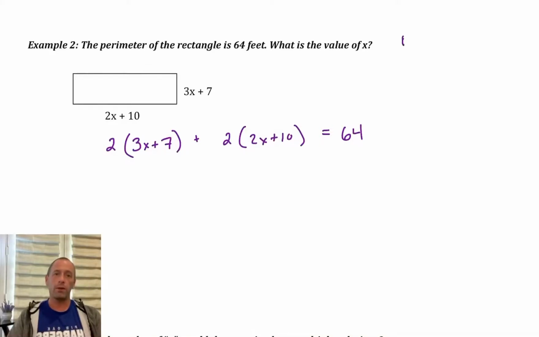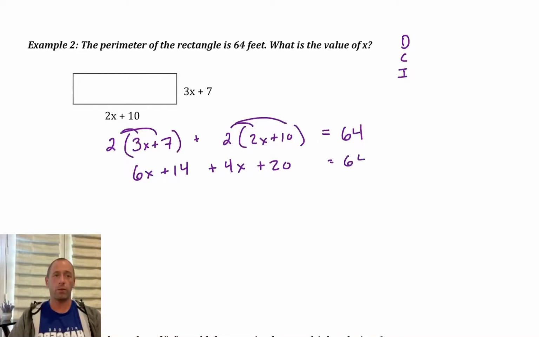So what we're going to have to do is distribute, combine our like terms, and then use our inverse operations. 6x plus 14 plus 4x plus 20 will equal 64. Some like terms on the left. We got a 6x and a 4x, a 14 and a 20.